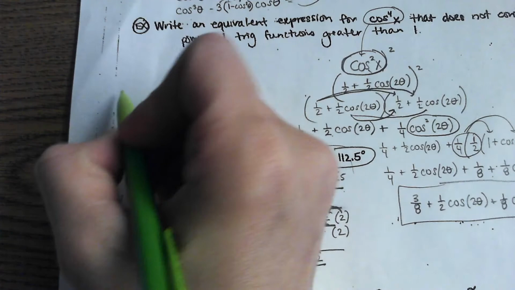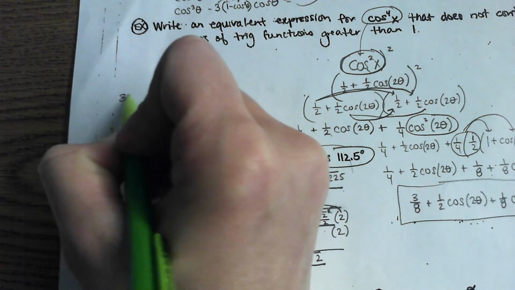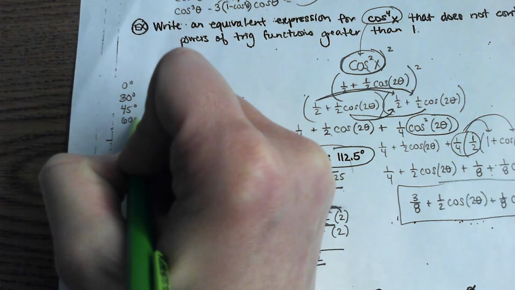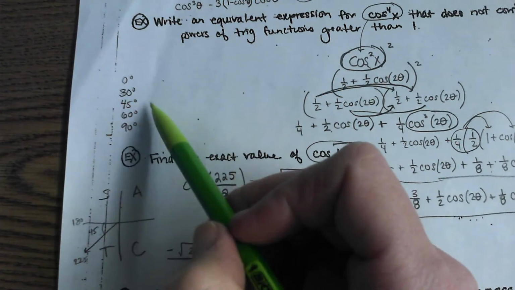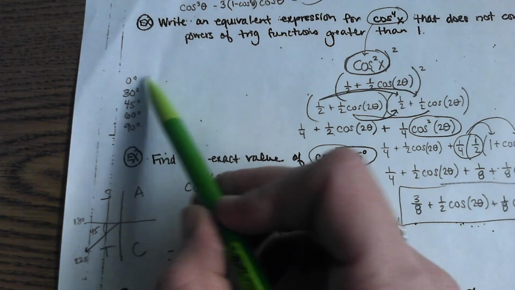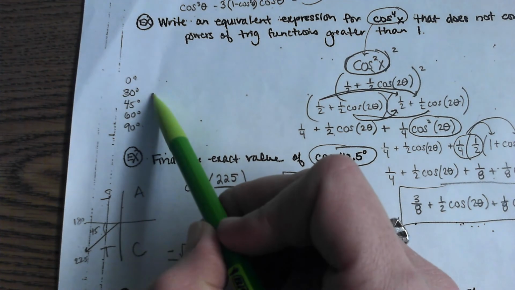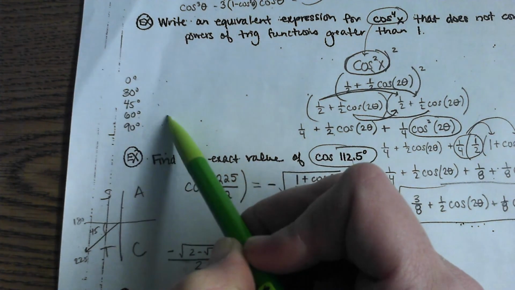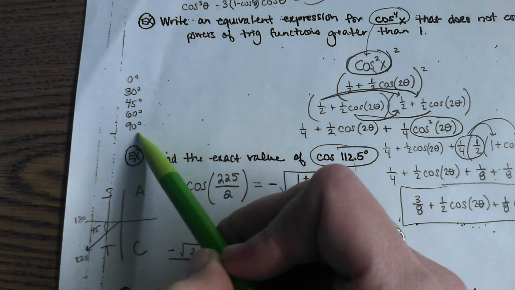Because the only angles we know are 0 degrees, 30 degrees, 45, 60, and 90. And if we were to double any of those, doubling 0 is still 0, doubling 30 is 60, doubling 45 is 90, doubling 60 is 120, and doubling 90 is 180. We know those values anyway.